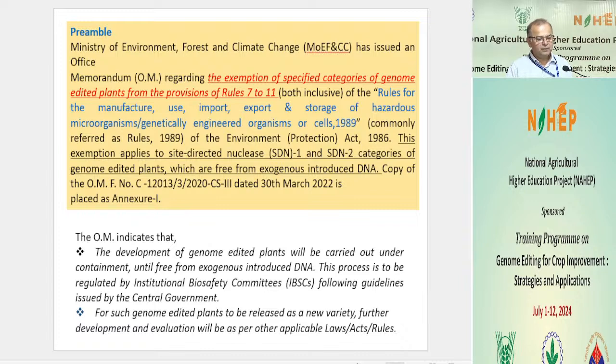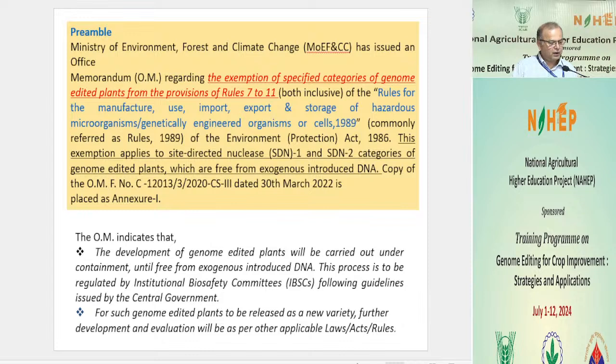These resultant mutations are comparable to those occurring in nature, obtained through conventional mutagenic treatments or natural variation found in the primary or secondary gene pool. So they say this could be otherwise present also, and therefore exemption is being given. Understand? So the kind of changes that come under SDN1 type are being given exemption because of this logic.